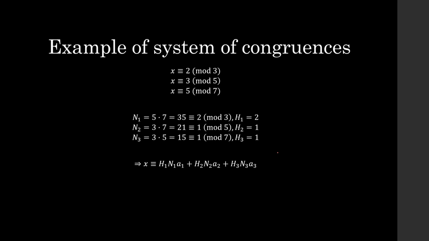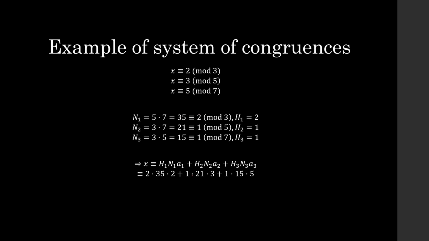Okay, so now we've got that x is congruent to h1 times n1 times a1 plus h2 times n2 times a2 plus h3 times n3 times a3. So that's how we described our solution earlier. Now that is going to be congruent to 2, because we've got 2 here, times 35. And I've written 35, but I could have actually reduced it to 2 here.